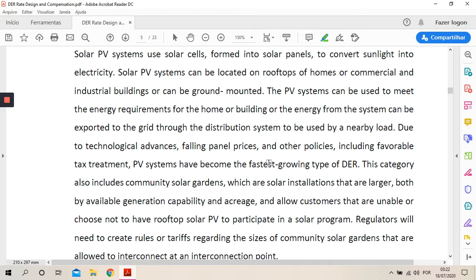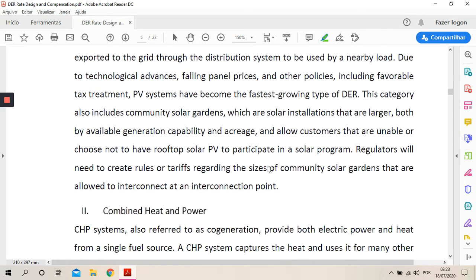The PV systems can be used to meet the energy requirements for the home or building, or the energy from the system can be exported to the grid through the distribution system to be used by a nearby load. Due to technological advances, falling panel prices, and other policies, including favorable tax treatment, PV systems have become the fastest growing type of DER.